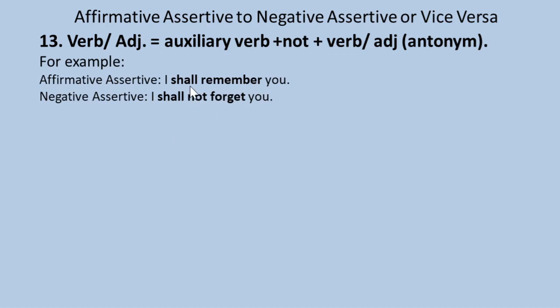Here shall remember becomes shall not, negative, and the opposite word of remember is forget, or the antonym of remember is forget. So auxiliary not, and the antonym of the verb is used here, forget. So shall not forget. I shall remember you. Negative assertive will be: I shall not forget you.